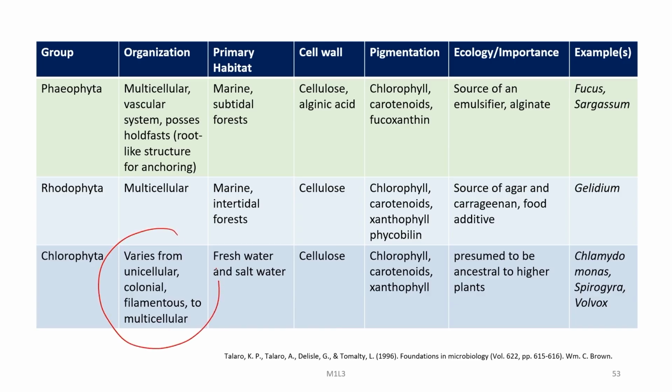Chlorophyta have various forms ranging from unicellular, colonial, filamentous to multicellular. They are found in freshwater as well as in salt water, have cellulose in their cell wall, and apart from chlorophyll and carotenoids, they have xanthophyll as pigments, and these are presumed to be ancestral to higher plants.